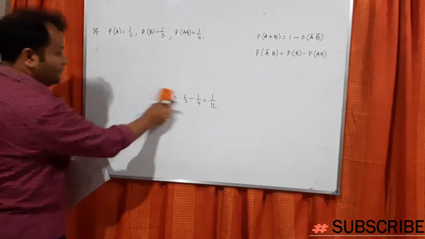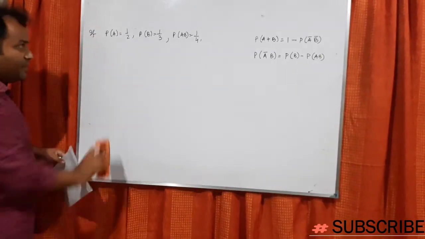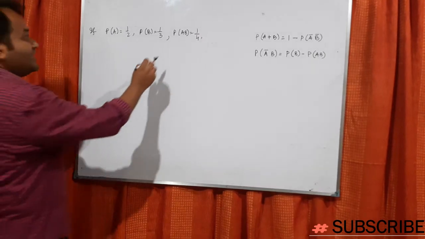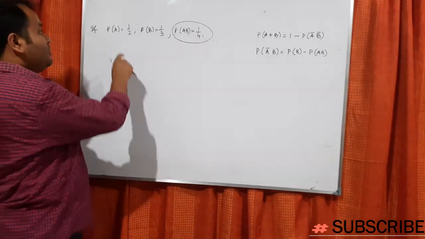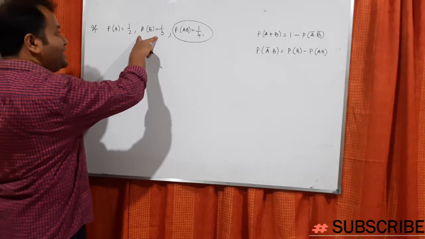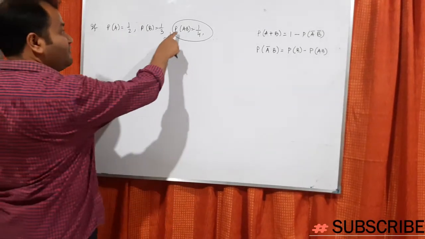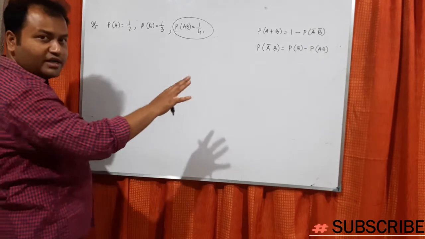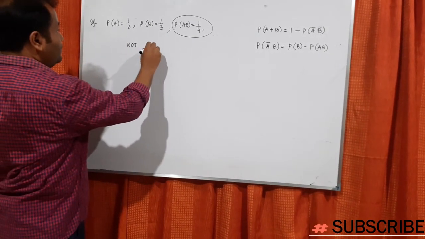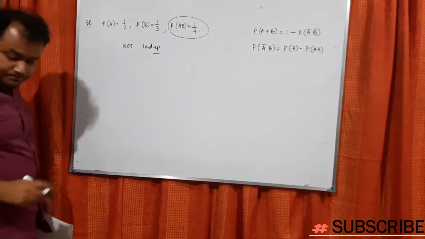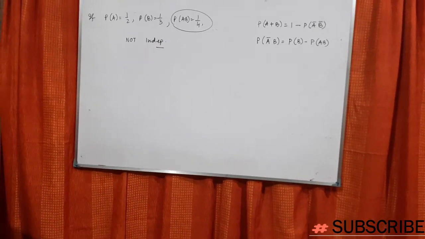So what is the condition for independent? Independent condition is that P of AB equals to P of A into P of B. Now P of A into P of B is 1/6, but P of AB is 1/4, so they are not equal, so they are not independent, okay.